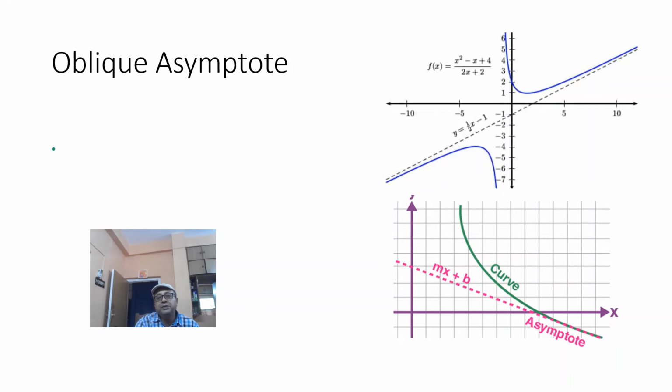Now we are going to discuss the case of the oblique asymptote. For an oblique asymptote, what happens? The asymptote will meet the curve at infinity, but this time the equation is not x equal to a like a vertical asymptote or y equal to b like a horizontal asymptote.